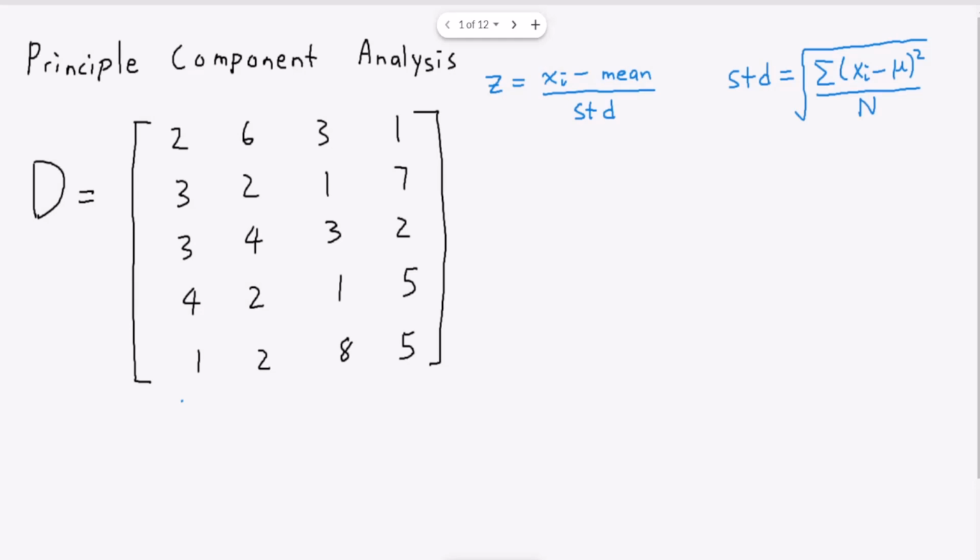So what is principal component analysis? It is a method for reducing the dimensionality of a dataset by identifying the most important features, or principal components. And the important thing about these principal components is that they capture the most variance in the data. This is very useful when you're dealing with very high dimensional data sets where there are many features, variables, and it can be very difficult to extract meaningful insights or patterns.